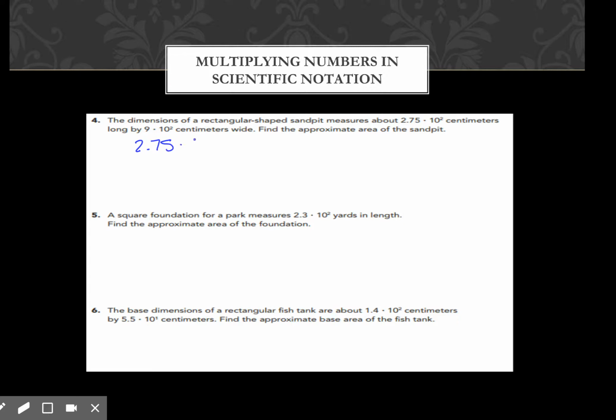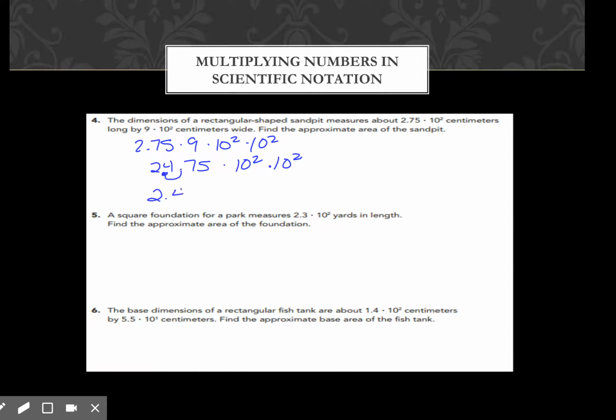I'm grouping my coefficients and then my exponents. Then I multiply. In this example, I have to move my decimal.